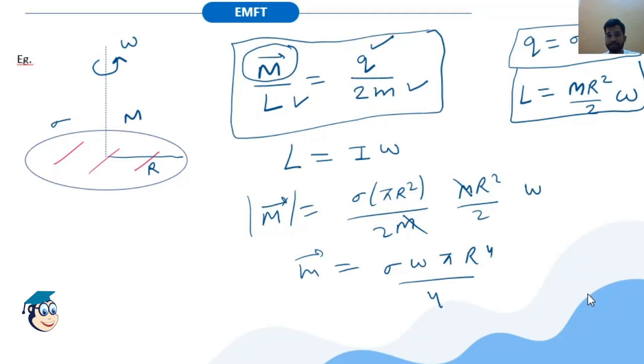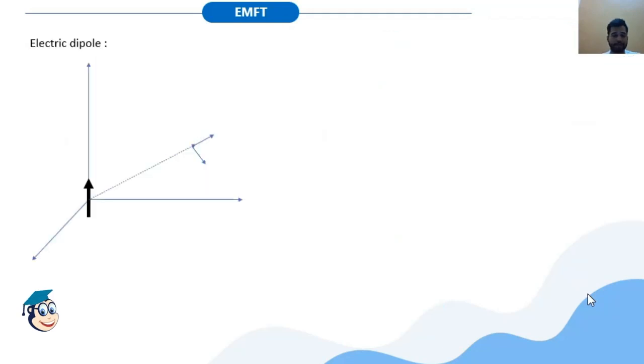Okay, so moving ahead, in this part of the video we are going to discuss the magnetic vector potential due to a magnetic dipole at any distance r, making an angle theta with the z-axis.